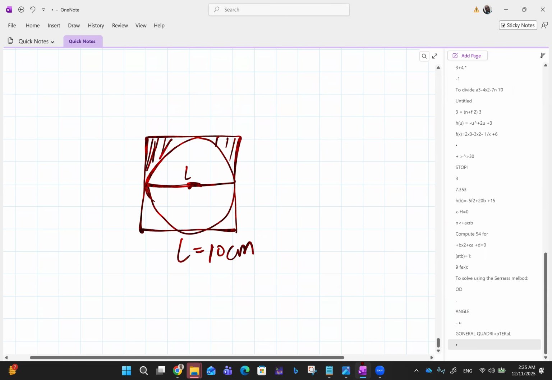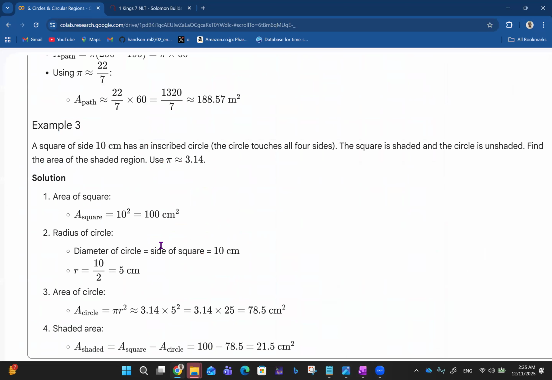I should hardly get a perfect job of these drawings, but you know what I'm talking about. Find the area of the shaded region.